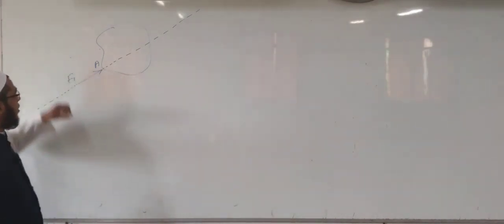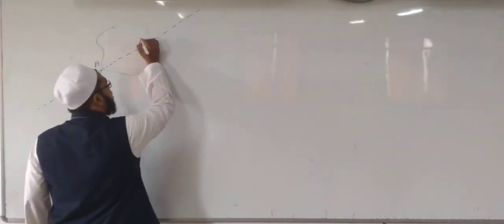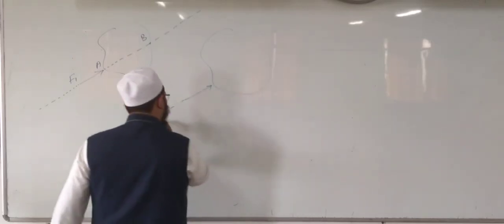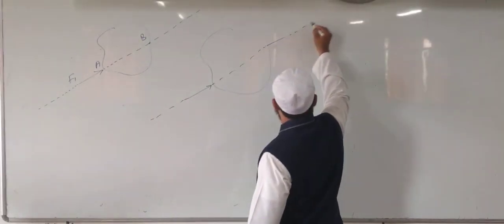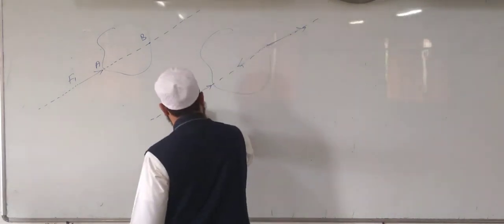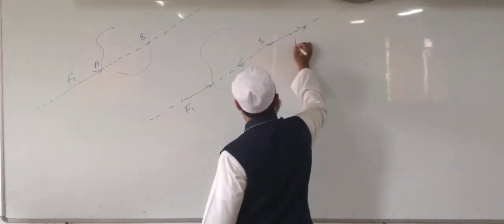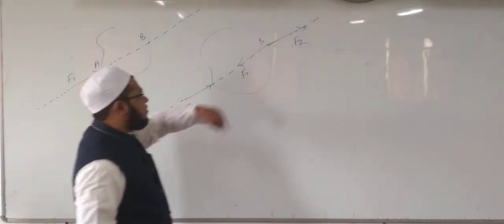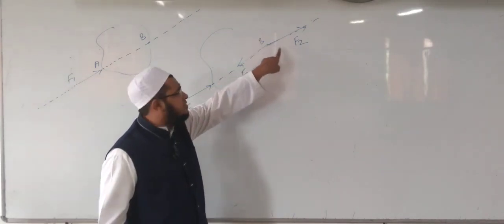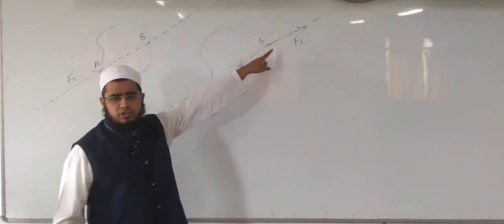Very simple. We will see the principle of superposition in this figure. Assume that this point is B, and I will add and subtract two forces of the same magnitude but opposite in direction at point B. The total overall force system is not changing because force F1 acting at B is cancelled by force F1 of opposite direction.